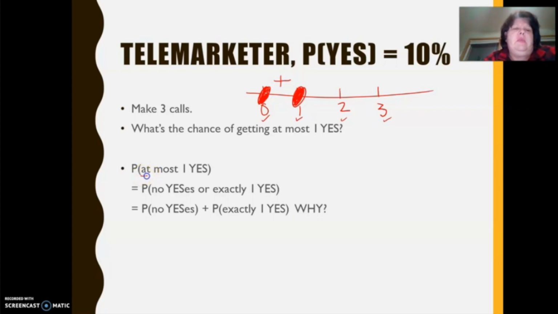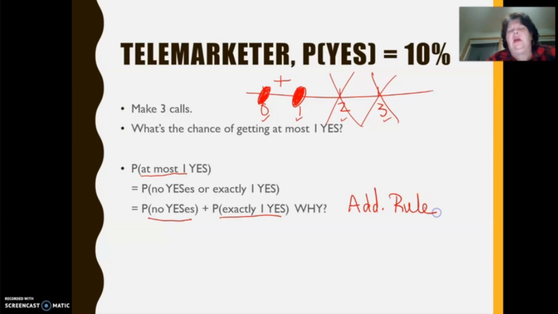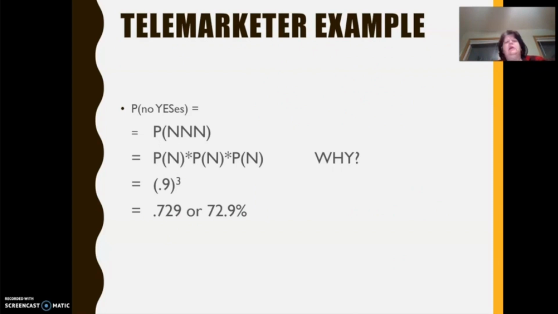So the probability of at most 1 yes means go all the way up to 1. You don't want 2, you don't want 3. That's the probability of no yeses or exactly 1 yes. So that's the probability of no yeses plus the probability of exactly 1 yes by the addition rule. And those 2 things are disjoint, they're separated, so we just add their probabilities. Let's find the probability of no yeses first.